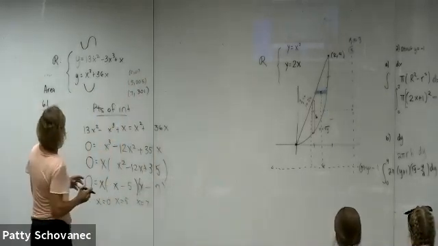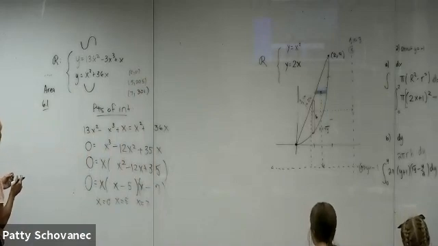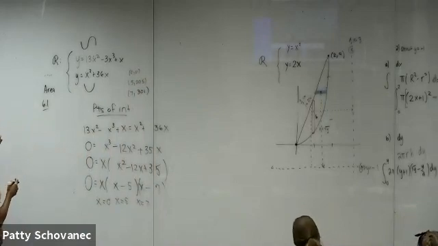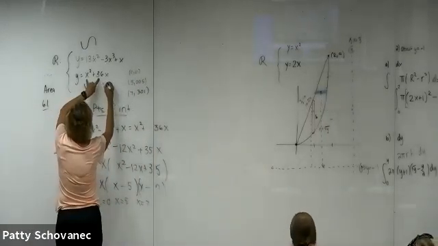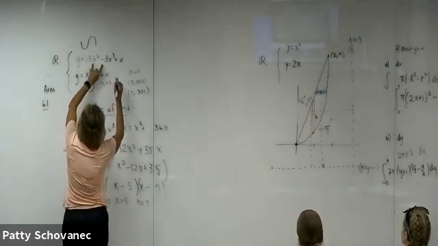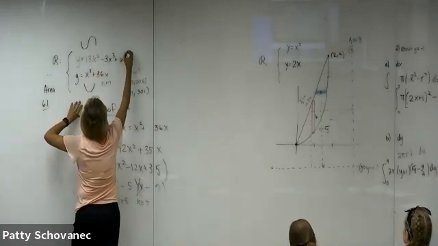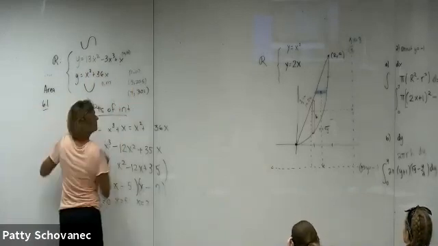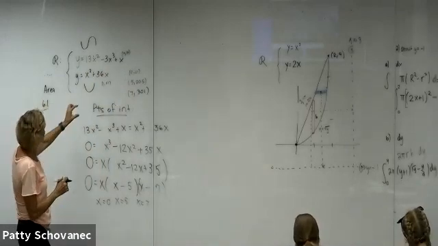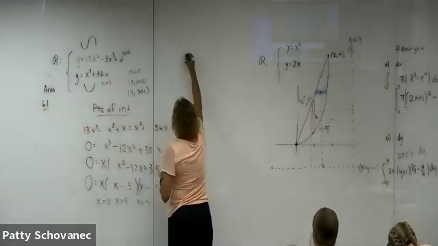Okay. Next, we need a point in between. So in between 0 and 5, let's plot a 1. This goes through 37. This goes through 11. Sorry. So what that's telling me is in this interval, the parabola is on top.